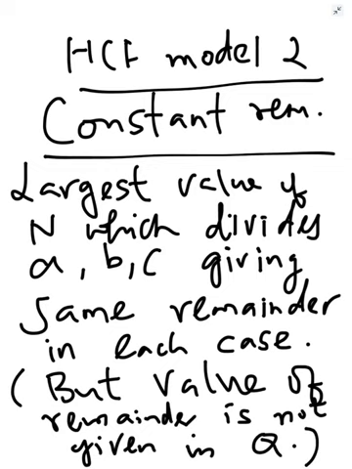So you will not know the value of the remainder R. You will only get 3 numbers A, B, C. You have to find the n which will divide all 3 numbers and give the same remainder, but we don't know the remainder. So how to proceed for this type of question?